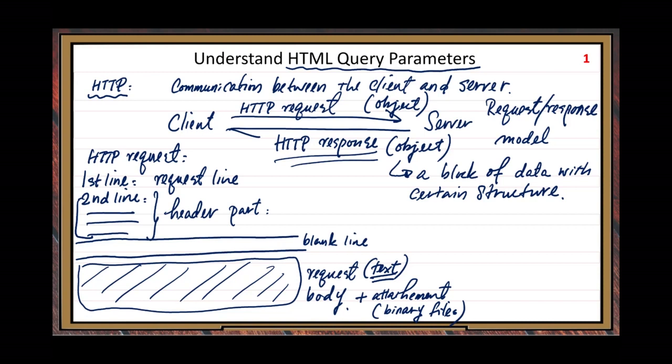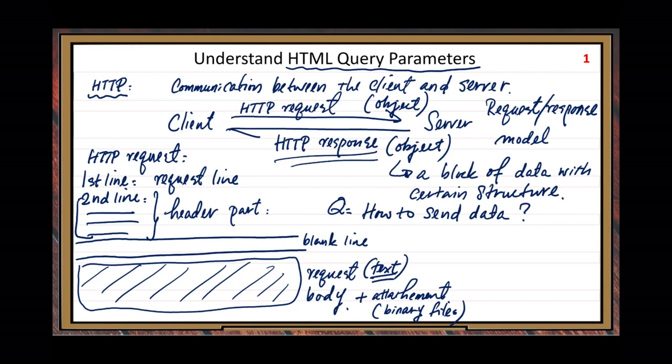And you may ask me why we need to understand this kind of detail. This background is useful because you may like to know how to send data, right? The question, how to send data. This is a very important question.